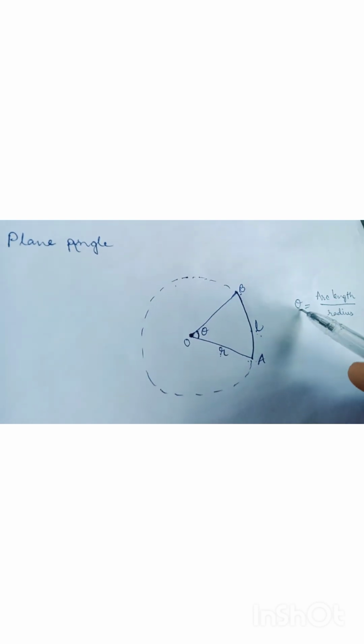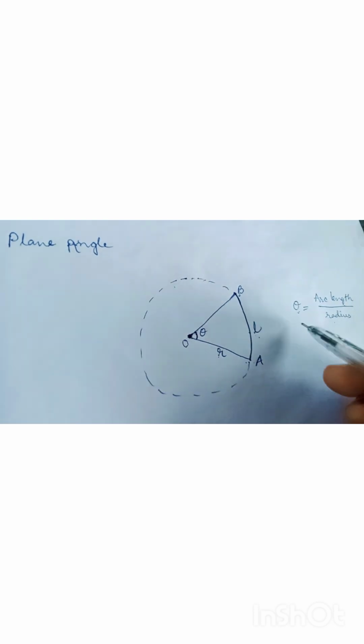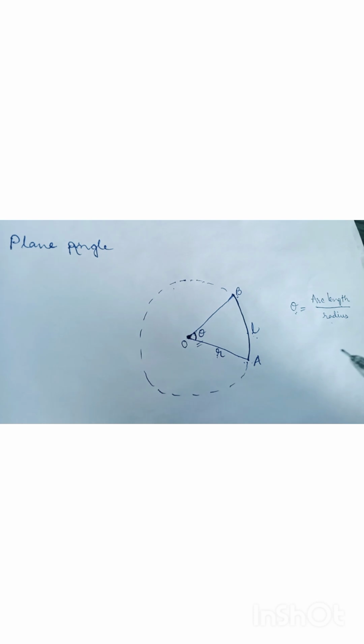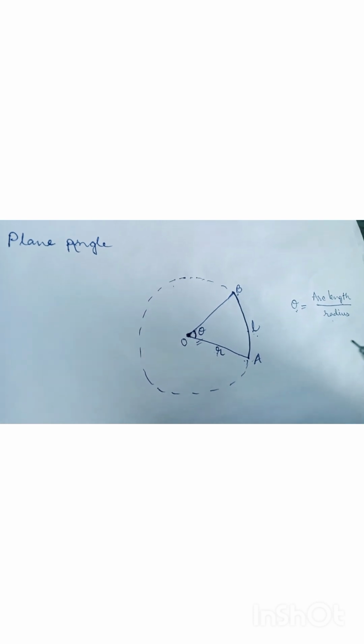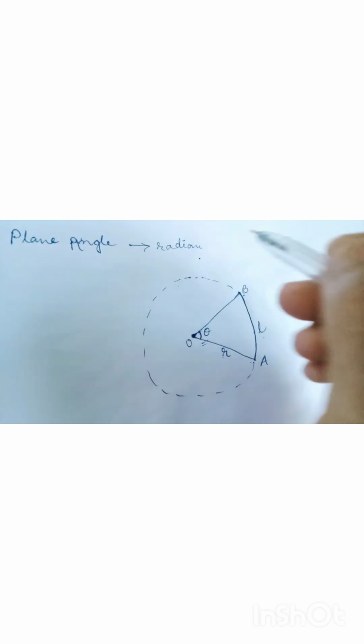So angle theta is equal to arc length divided by the radius of the circle. This angle is called plane angle, and the unit of plane angle is radian. In an earlier episode I discussed radian.